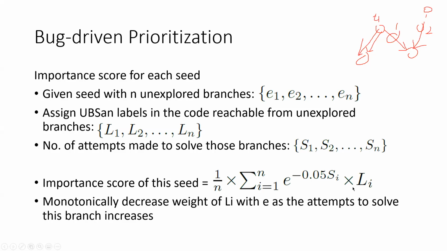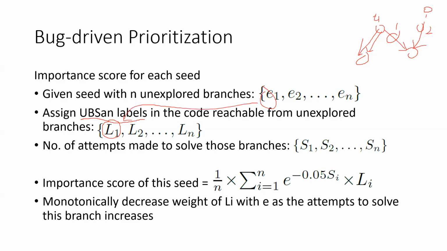So here, L1, L2 is the scalar value. I just know that it's a sanitizer label, right? Yeah. It's sanitizer labels, and each branch corresponds to one label.